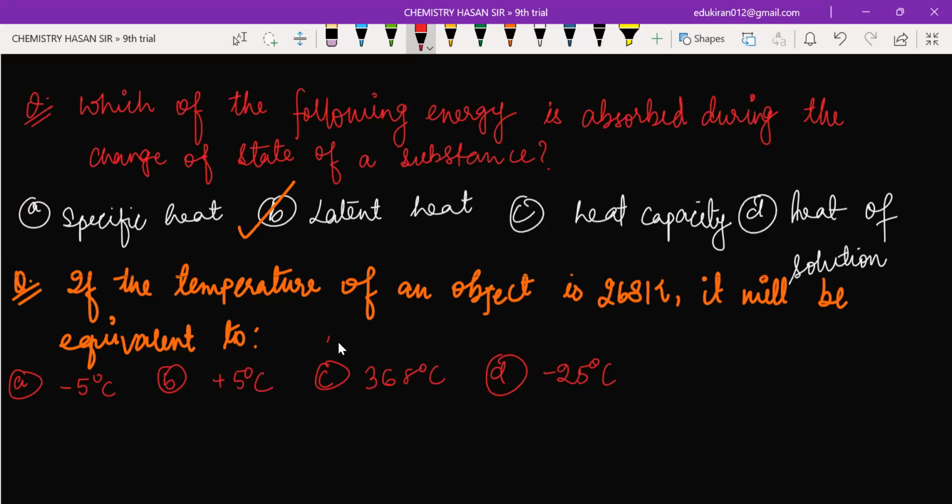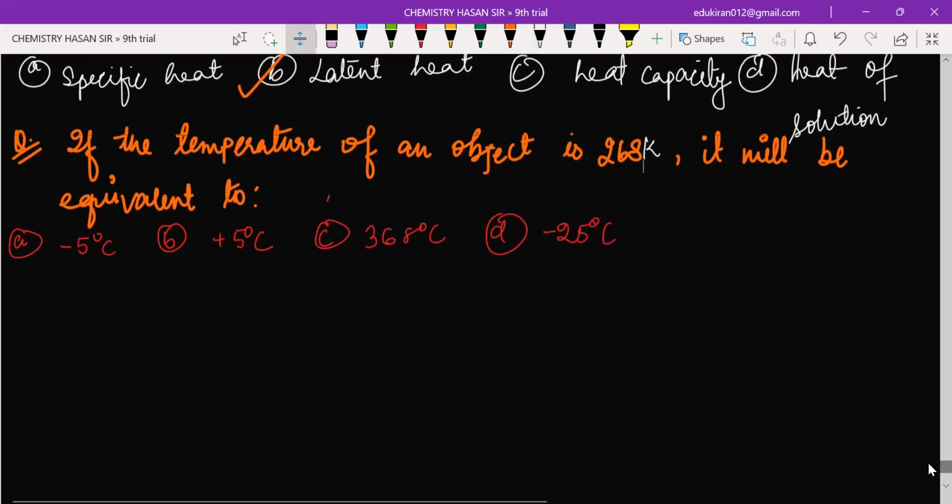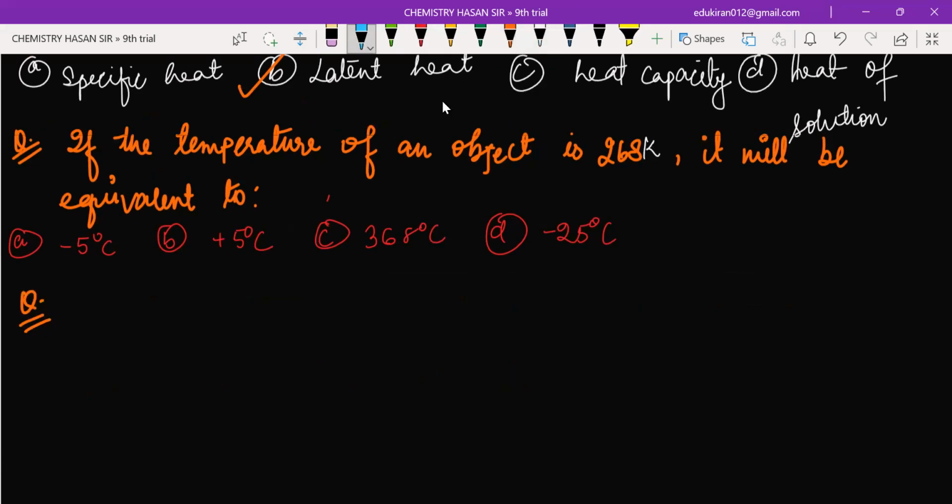K is your Kelvin. Sir, is it minus 5 degrees Celsius? Yes, it is. 273 Kelvin is equal to 0 degrees centigrade, and this is 5 Kelvin lesser. So you can easily do this, right? 268 minus 273 makes it minus 5 degrees centigrade.